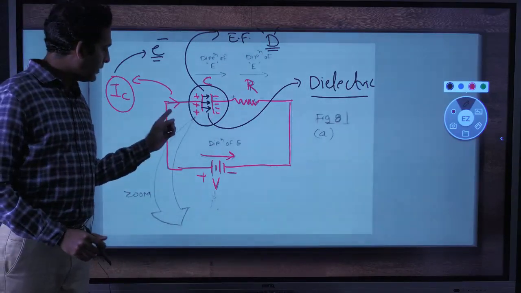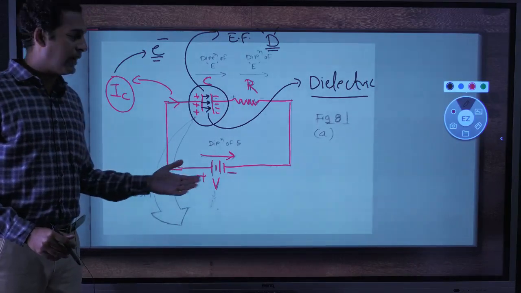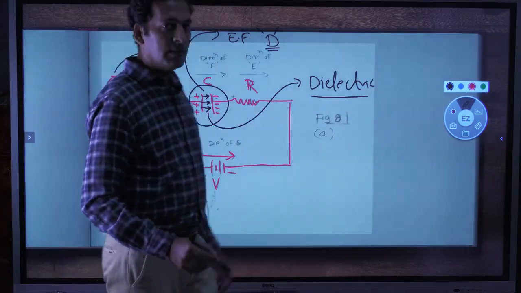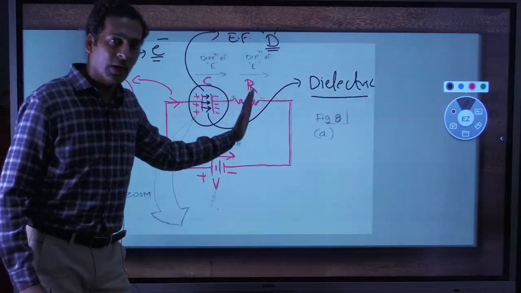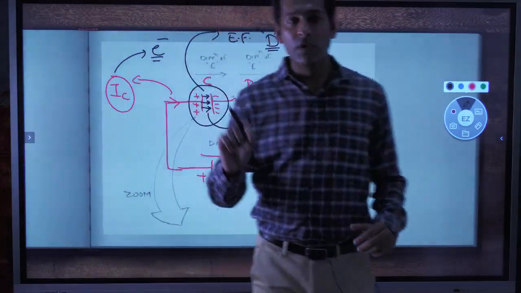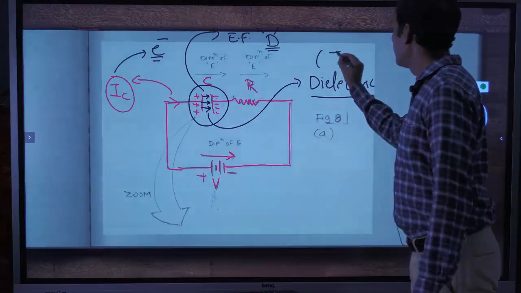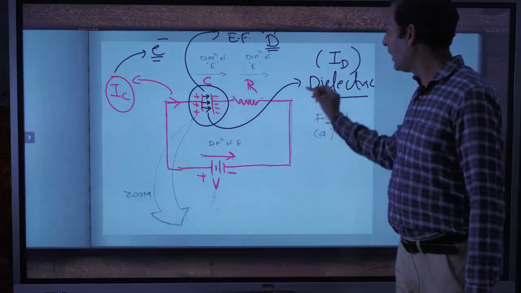So we have one current, the conduction current inside the wire, but there will also be a current inside the dielectric which displaces from one plate of the capacitor to the other. We call it displacement current, ID.